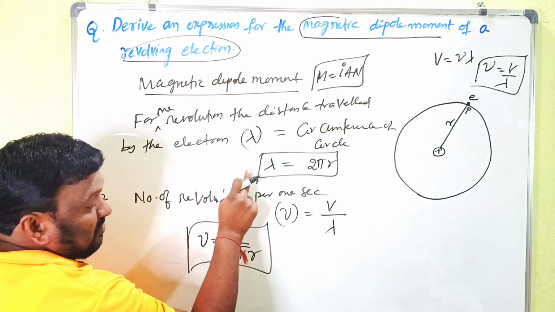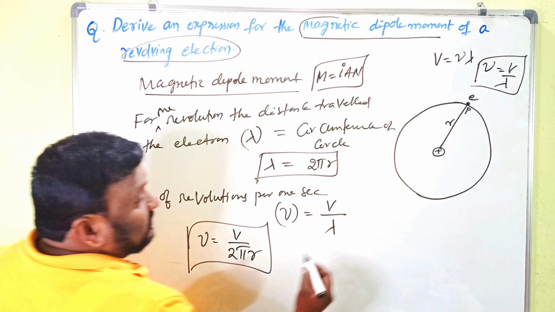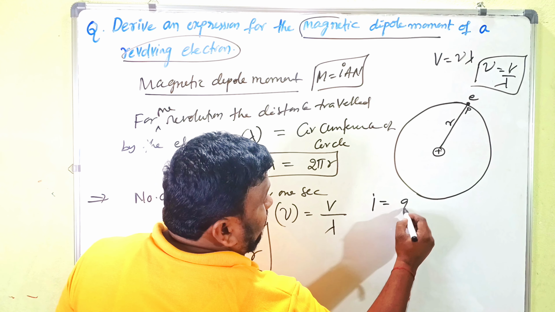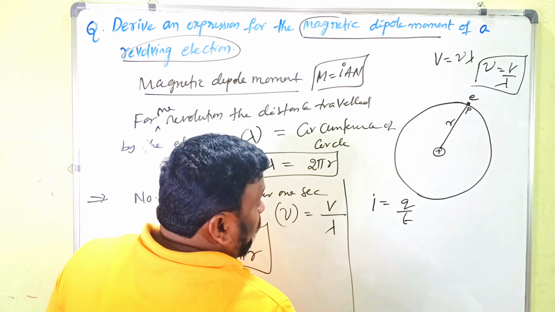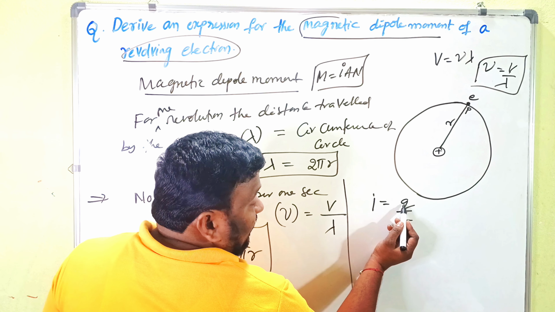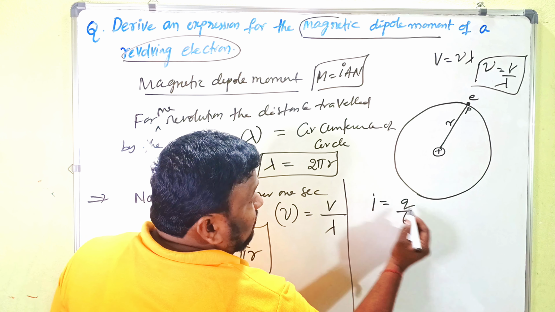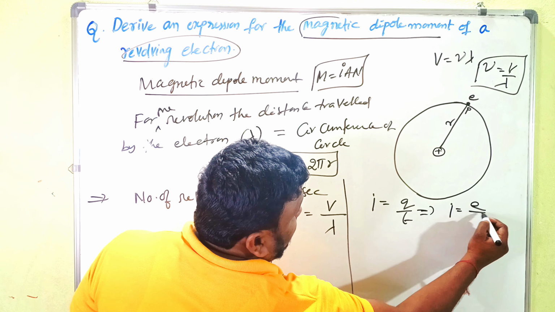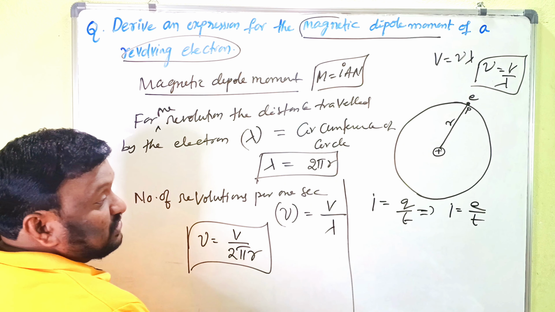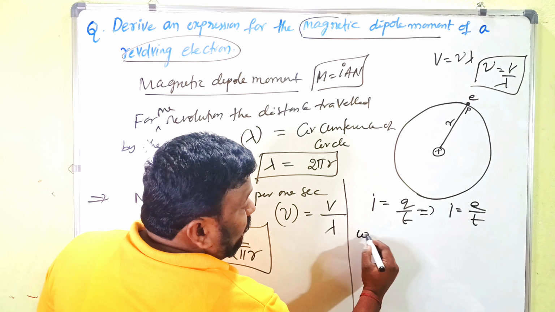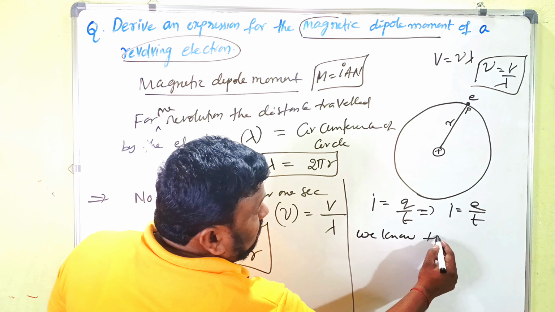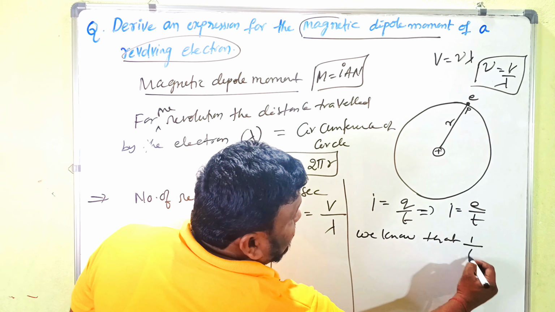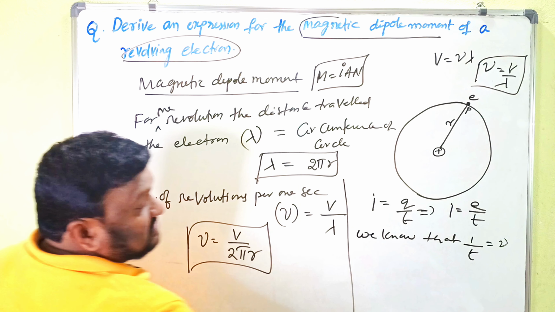And children, we know that I is equal to Q by T, the general formula. The rate of flow of charge is what we call current. Here we are taking an electron, so I is equal to E by T. We know that 1 by T is nothing but frequency.